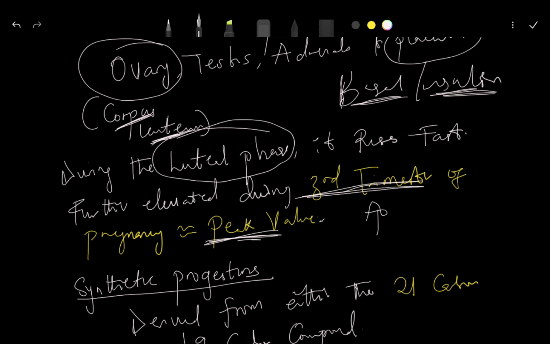So these are just a few roles of progesterone, but the main physiological role of progesterone is to prime the uterus. After estrogen has made it proliferative in nature, progesterone will come in and make it mature and secretory, so that the embryo can easily implant in that uterus.